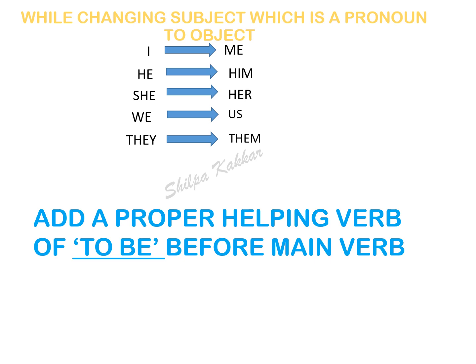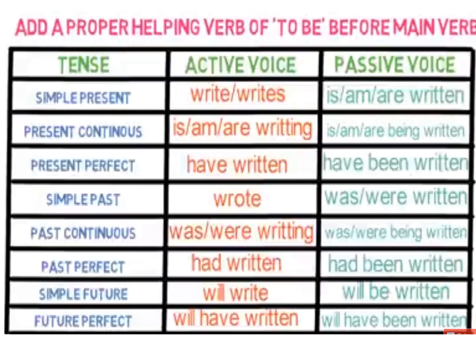But how we are going to change it, we will see in the next slide. As you all know, three main types of tenses are there, but they are subdivided into 12. But here, if you can see, we have only 8 of them in front of us.